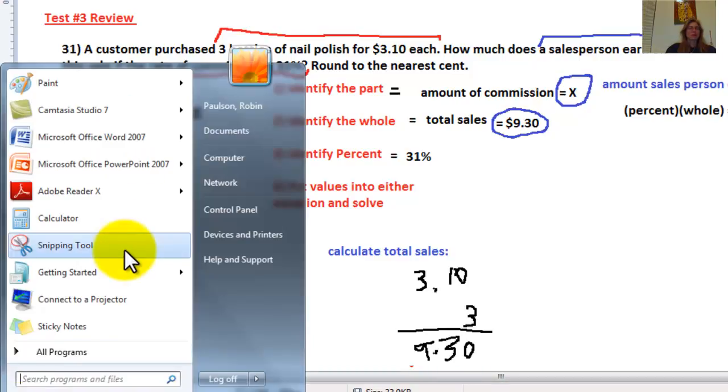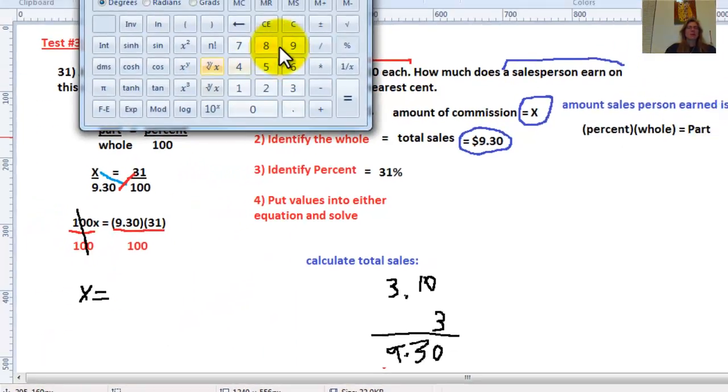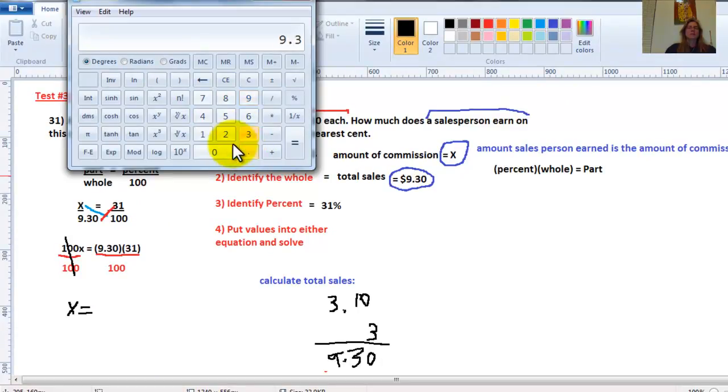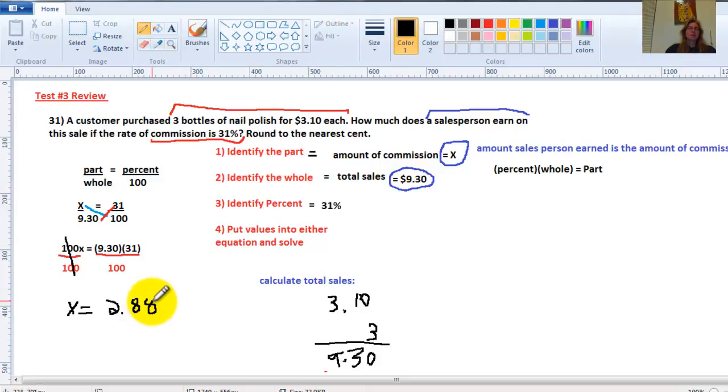We can pull up our calculator for that. $9.30 times 31 divided by 100 is 2.883. This is not really what we use in the world of dollars and cents, and they are asking us to round to the nearest cent.